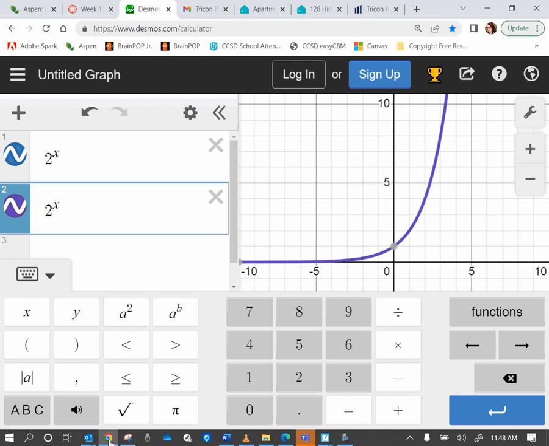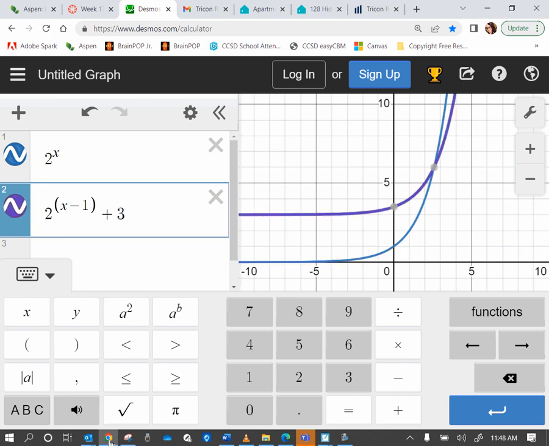Actually, you need parentheses because it's x minus 1. And then plus 3 at the end. So, minus 1 moved the graph to the right 1, and then the plus 3 at the end moved it up 3.